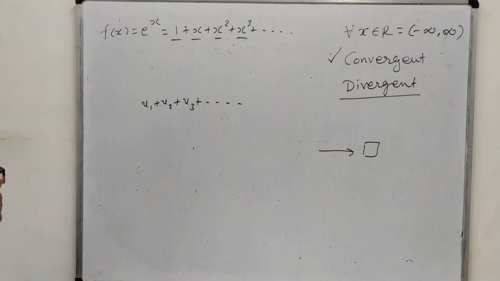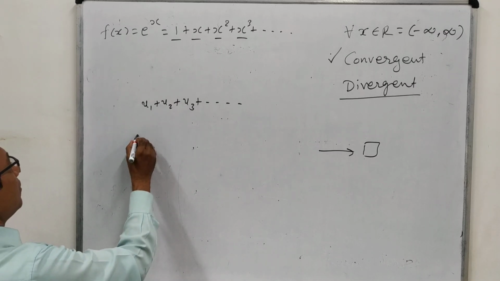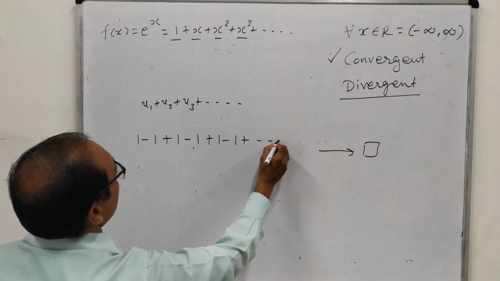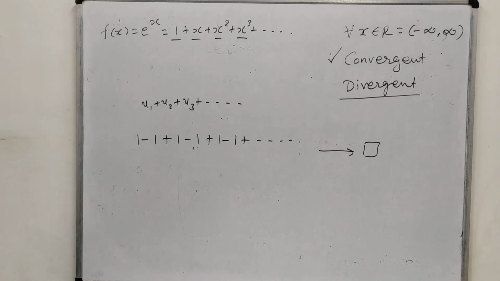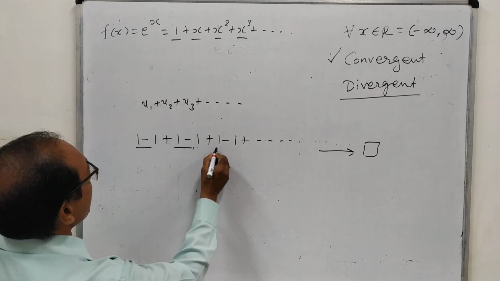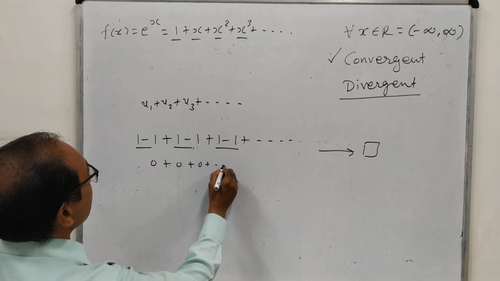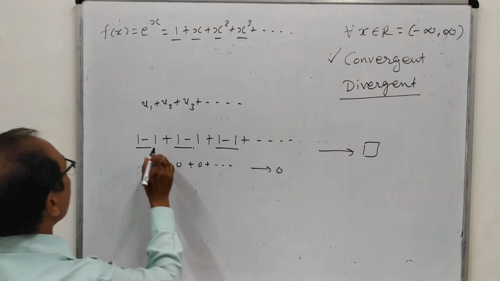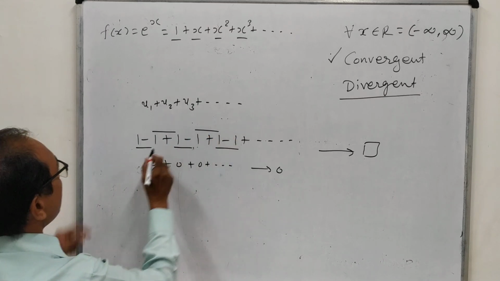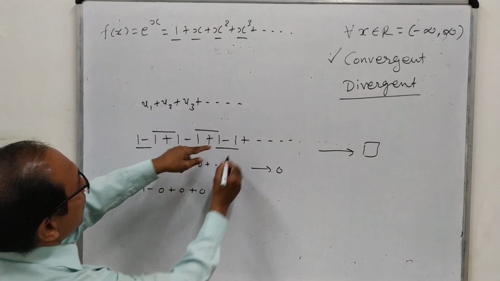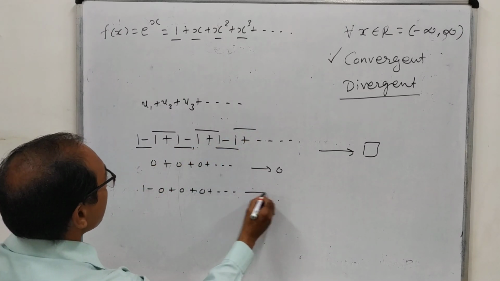Suppose we consider 1 minus 1 plus 1 minus 1 plus 1 minus 1 plus dot dot dot. At first sight you may wonder what its value will be. If you consider these values in pairs, then it is 0 plus 0 plus 0; everywhere you will get 0, so this tends to 0. But if we consider the pairs differently, that means 1 minus 0 plus 0 plus 0, then everywhere it will become 0 and this tends to 1.